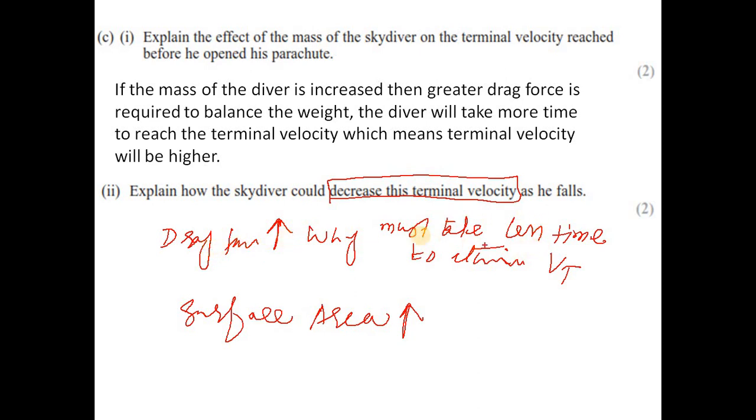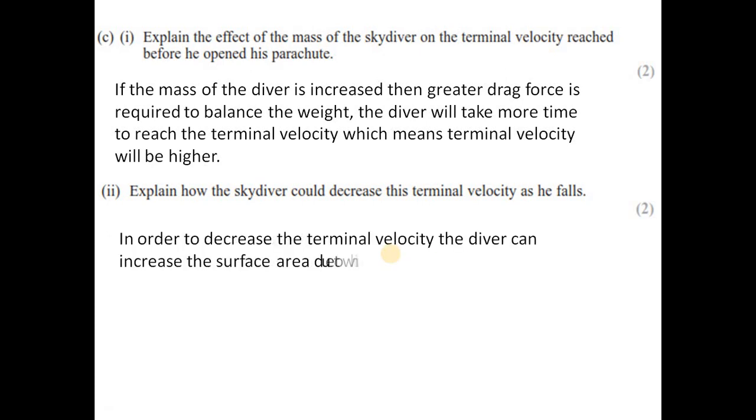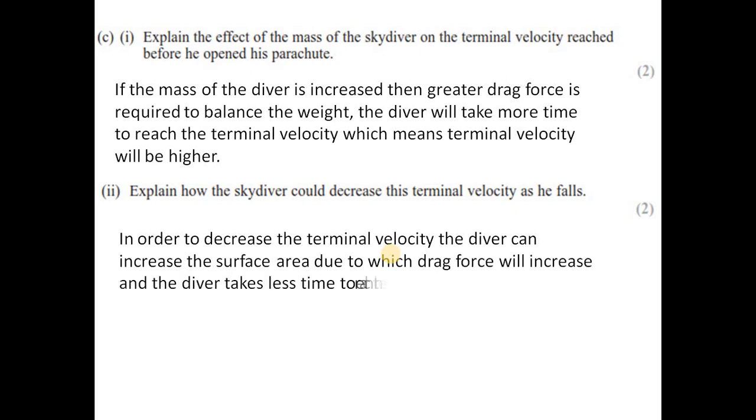That means the diver will take less time to reach it, so terminal velocity would be decreased. So in order to decrease the terminal velocity, the diver can increase the surface area, due to which drag force will increase, and the diver takes less time to reach the terminal velocity.